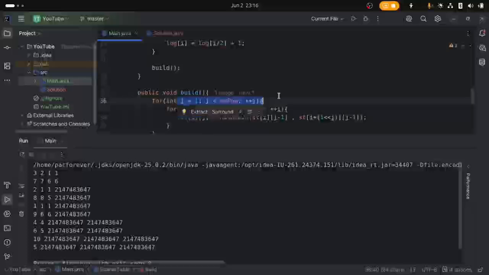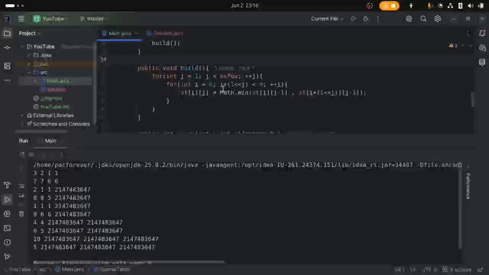j equals 1, j less than max power, j plus plus, i equals 0, i plus plus. Even this is correct. st of i, j is the min of st of i, j minus 1 and st of i plus 2 to the power j minus 1, j minus 1.